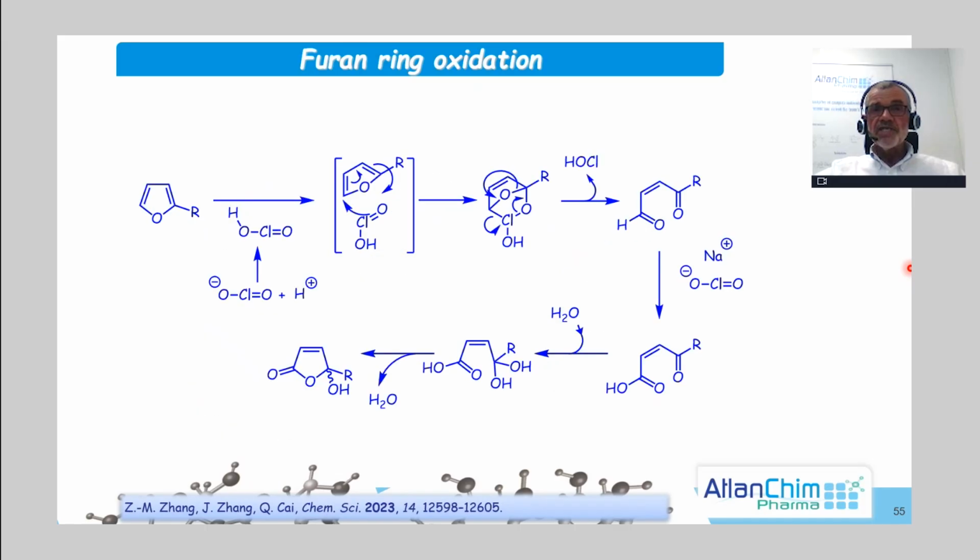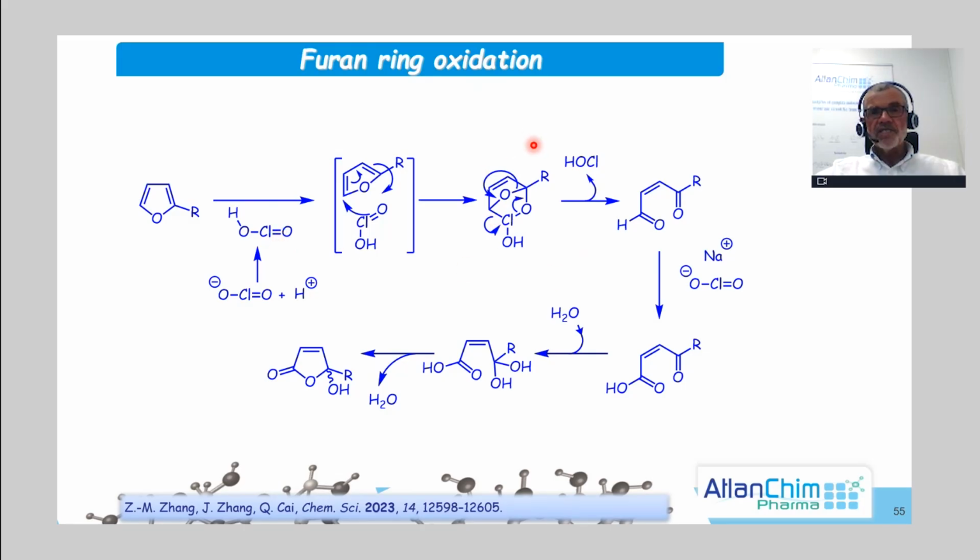Although no detailed mechanistic studies have been carried out, it may be suggested that a [4+2] cycloaddition between the furan ring and in situ generated chlorous acid here could provide this intermediate.